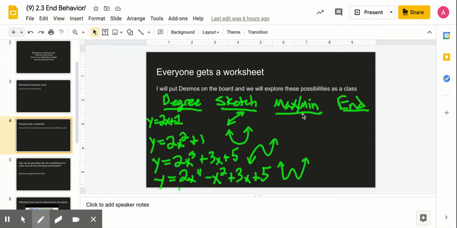So we go from having 0 maximums or minimums, some straight line, to 1, to 2, to 3. And I go from having endpoints that are alternating, one's going up, one's going down, to same, back to alternating, back to same.